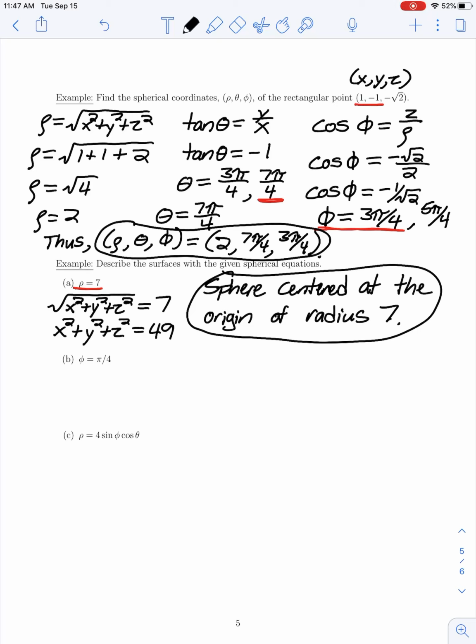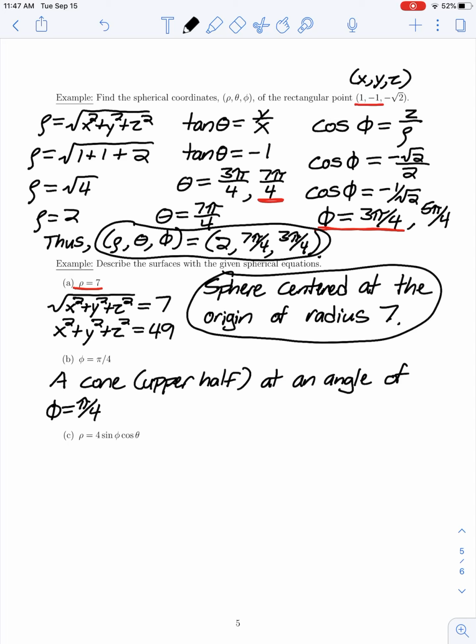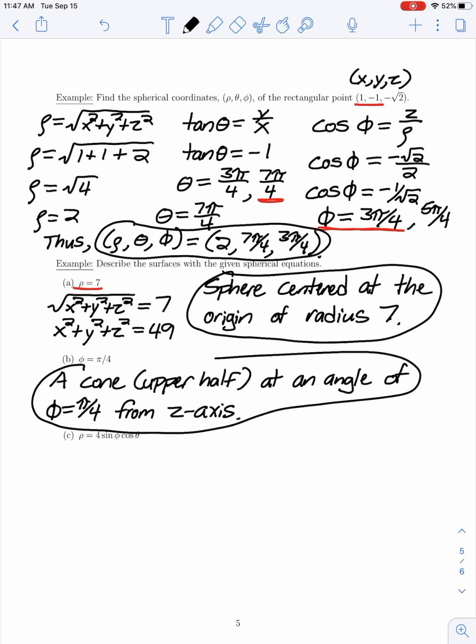So here we would be describing a cone, in particular the upper half of a cone, at an angle of phi equals pi over 4 radians, or 45 degrees, from the z-axis.